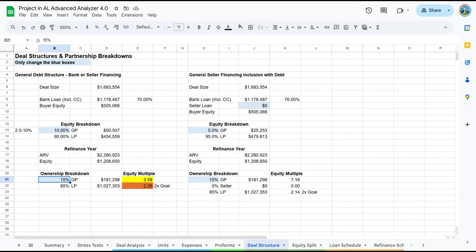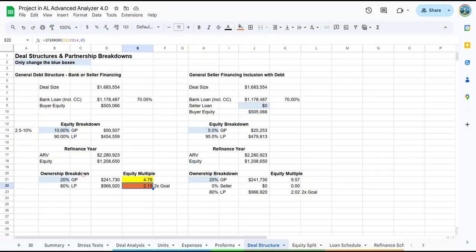The ownership breakdown is how the cash flow is going to be distributed on a monthly basis. So here we have general partners getting 15% of the cash flow and the limited partners getting 85%. And you can change these numbers around also to get close to the 2x.